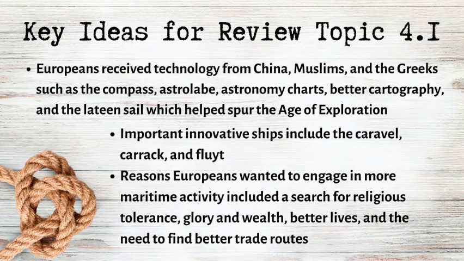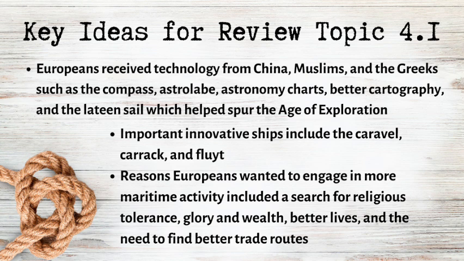All right, and with that, we have wrapped up our discussion of topic 4.1. Here you can see some of the key ideas that you should write down in a separate notebook just to have as kind of a little study guide for you guys.